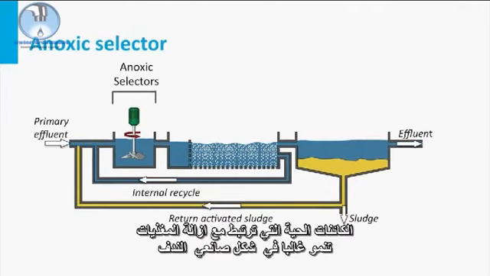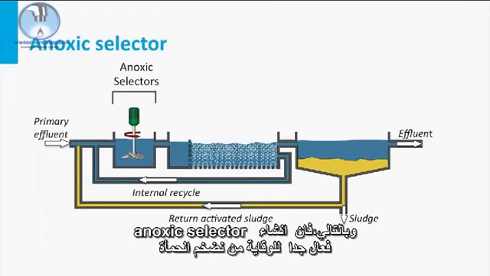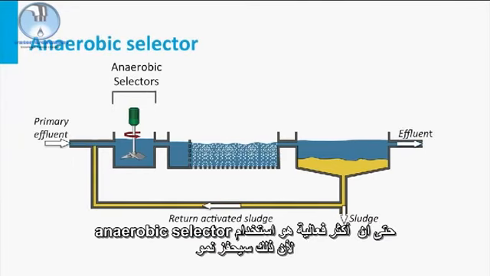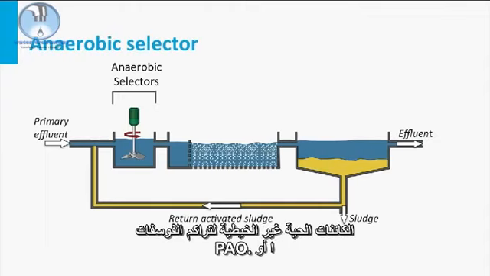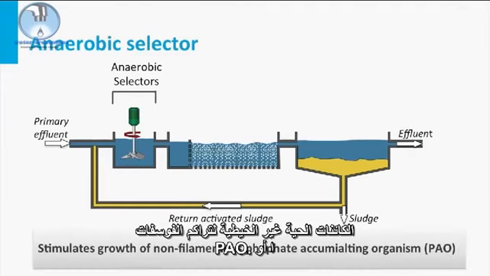Organisms that are associated with nutrient removal will often grow as floc formers. Therefore, introducing anoxic selectors is also very effective as a prevention of bulking sludge. Even more effective is the use of an anaerobic selector, since that will stimulate the growth of non-filamentous phosphate accumulating organisms, or PAO.